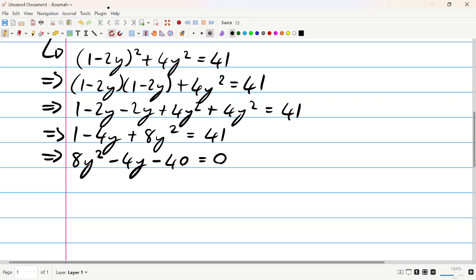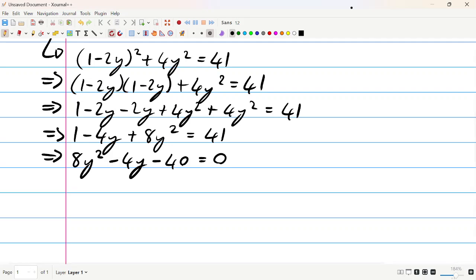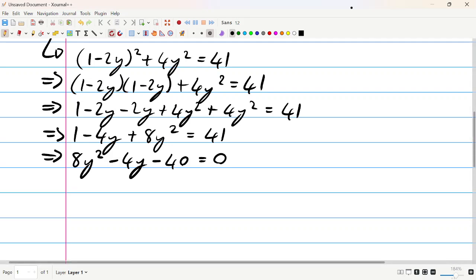And then notice that what we are able to do from here, we can take out a common factor of 4, because clearly the highest common factor that we have is indeed 4. And then therefore, when we take out 4 as a common factor, we're going to be left with 2y squared, because clearly 8 is the same as 4 times 2, and we're just left with 2 as the outlier.